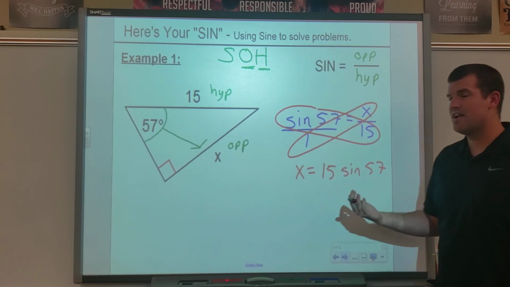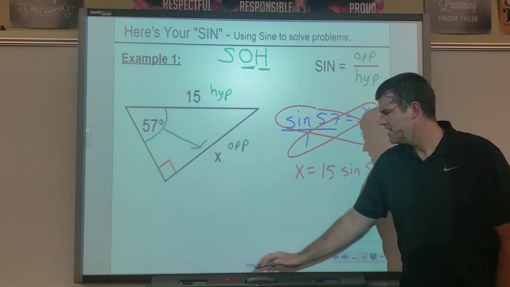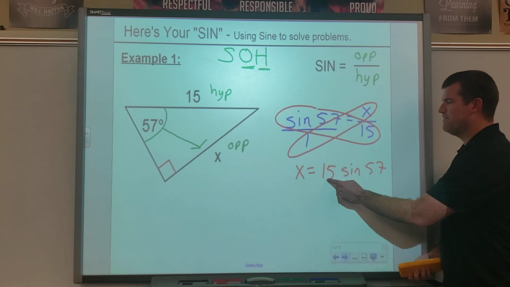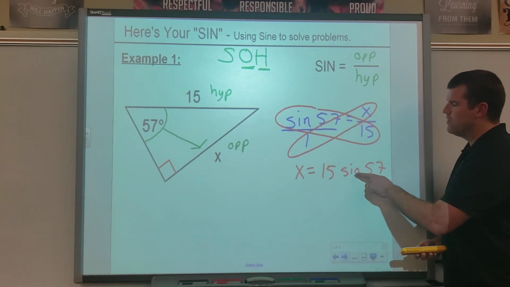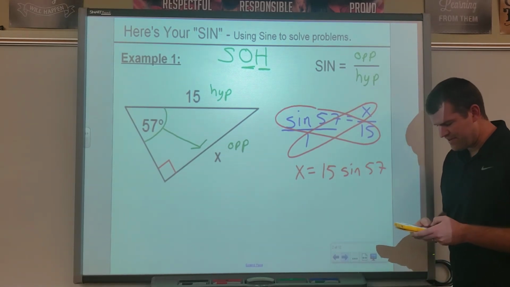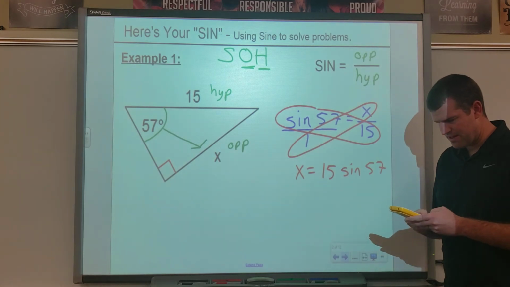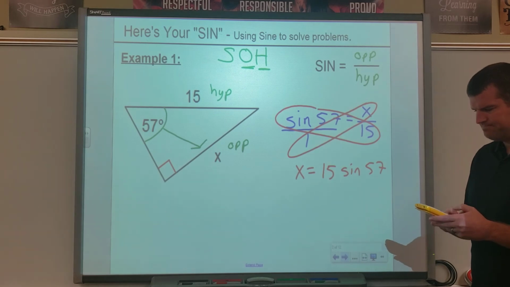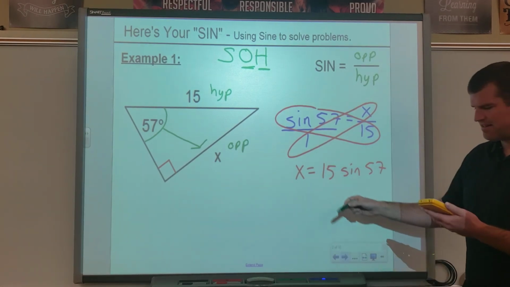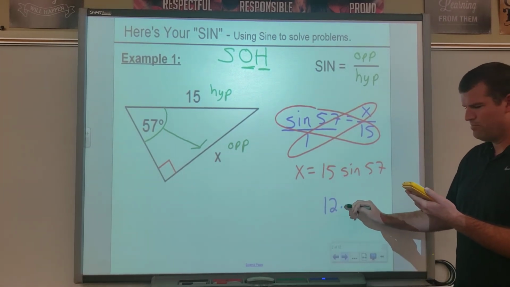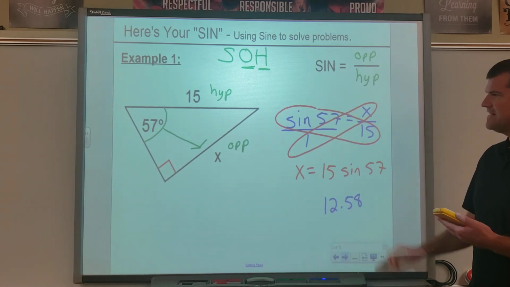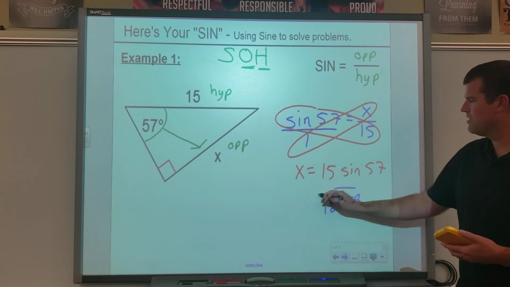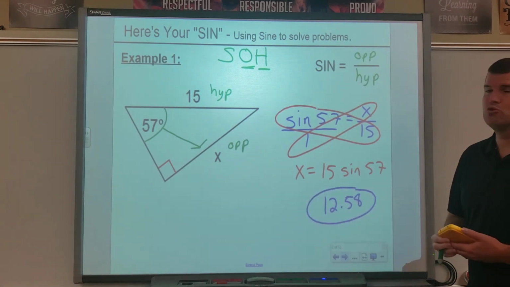Sometimes you'll see it written as sine 57 times 15. Doesn't matter which order you show it, as long as you make sure you don't multiply the 15 and the 57. We need to find what the sine of 57 is. So sine 57, and then multiply that by 15. And I get that x has to be 12.58. So the length of this side right here is about 12.58 units.